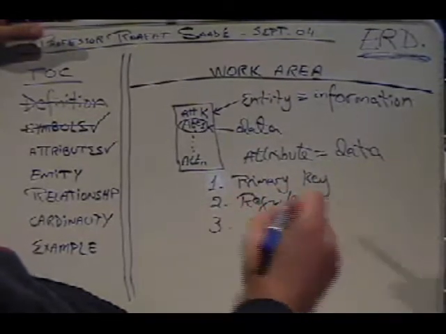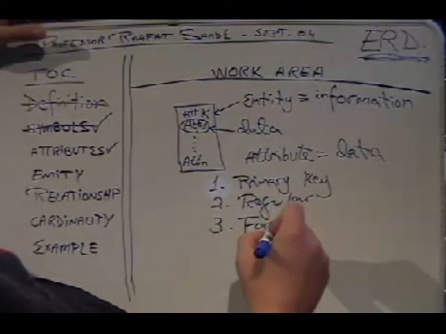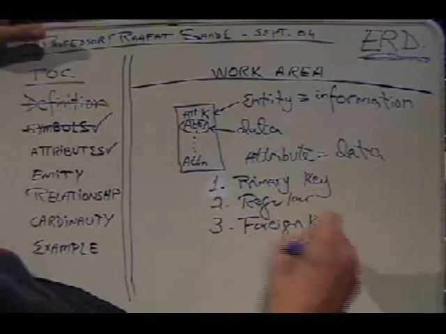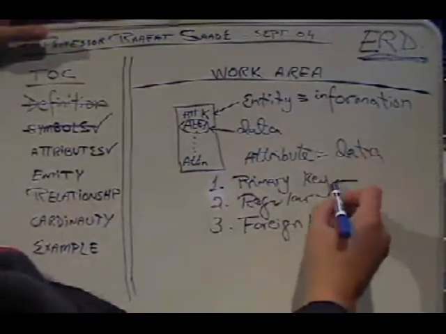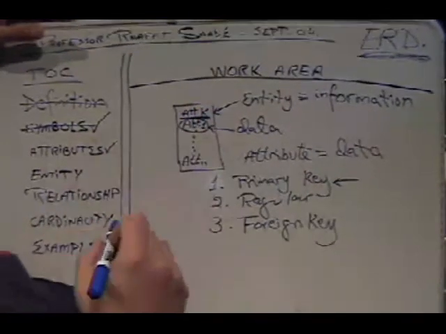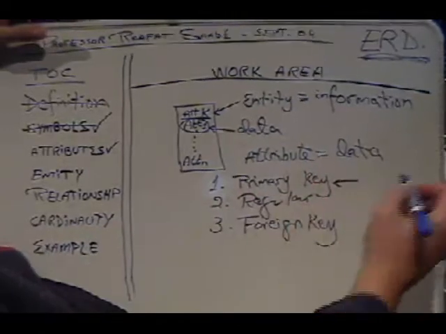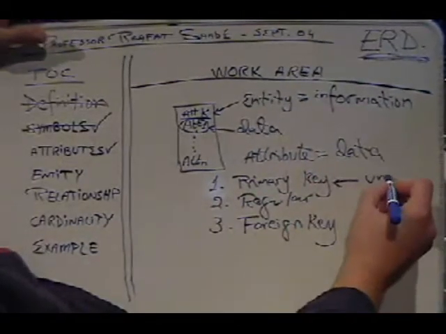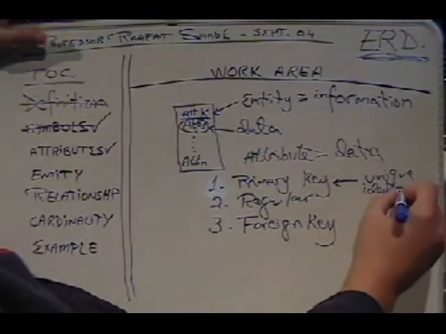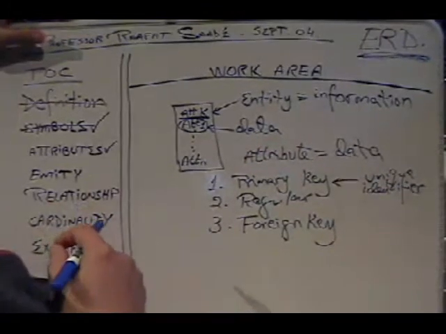And third type of attribute is a foreign key. The primary key, which is underlined by a solid line in an entity relationship diagram, is an attribute that is a unique identifier. It's a unique identifier.